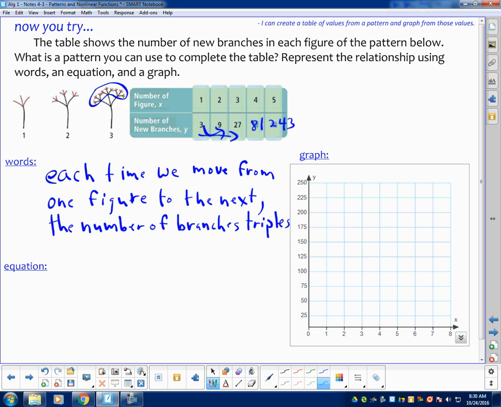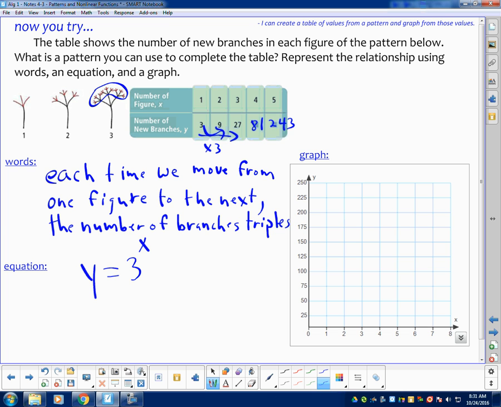And in terms of an equation, we have what's called an exponential equation, which is new for you guys. You may not recognize it, but it's y equals this common multiple that you see here. It's times 3 each time as we go from one to the next. That becomes what's called the base of the exponential equation. And the power is the variable, so it's 3 to the x. It's y equals 3 to the x, definitely a nonlinear graph.